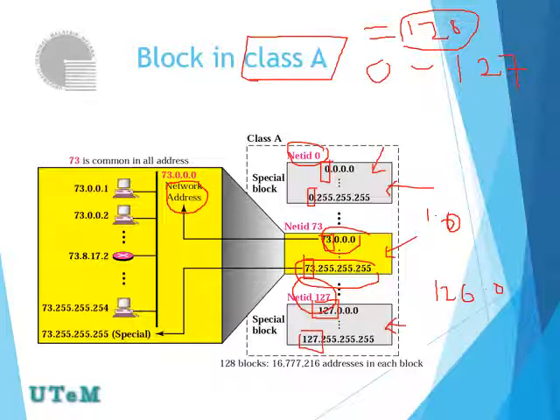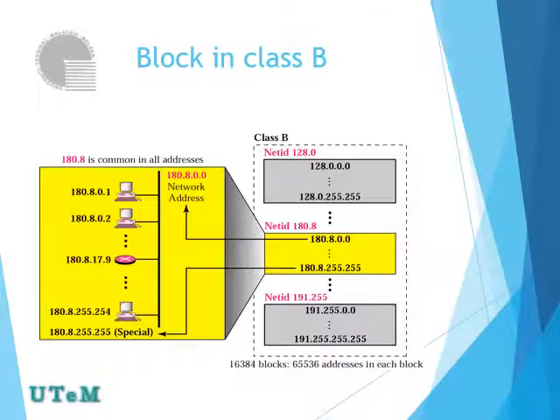The last address is the broadcast address, and it also cannot be assigned to any host. The valid addresses that can be assigned to hosts are from 73.0.0.1 until 73.255.255.254. This is the example of class A.